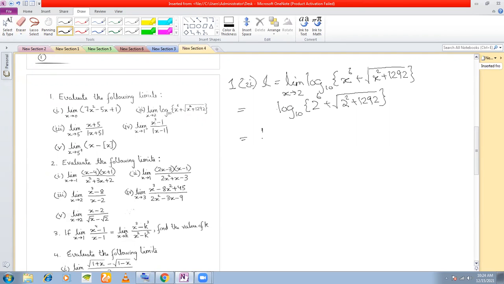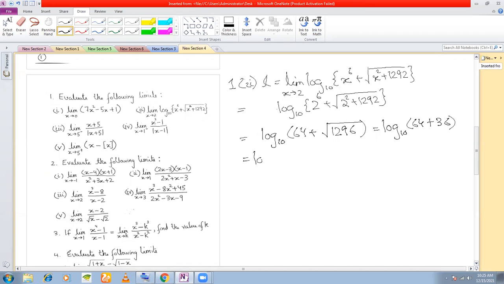Okay. So you get log to the base 10 of 2 to the power of 6, which is 64, right? And 2 square, that is 4, plus 1292 is 1296, which is log 10 of 64 plus the square root of 1296. And what is the square root of 1296? It is 36.